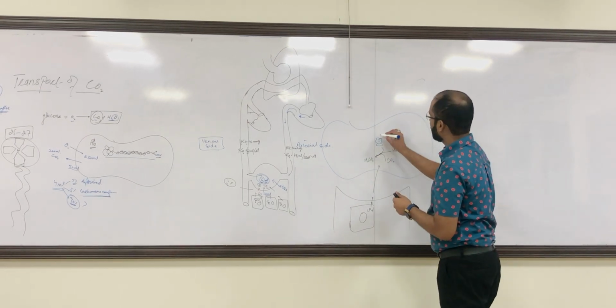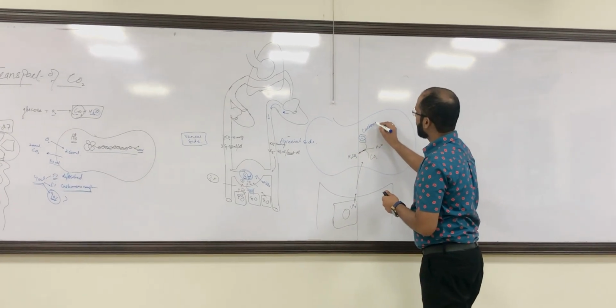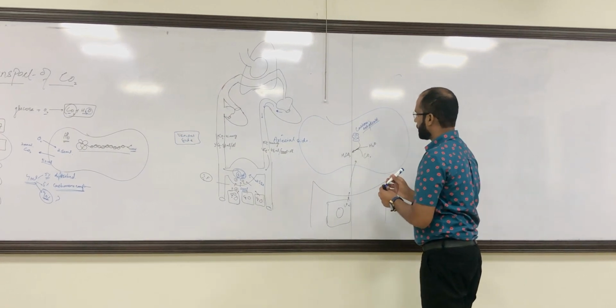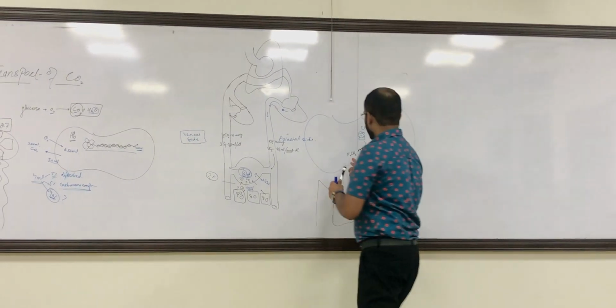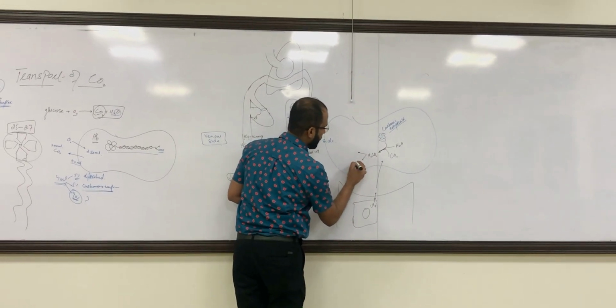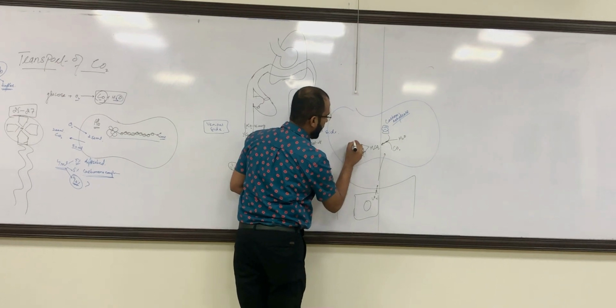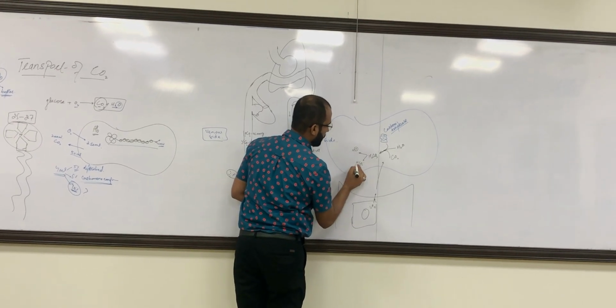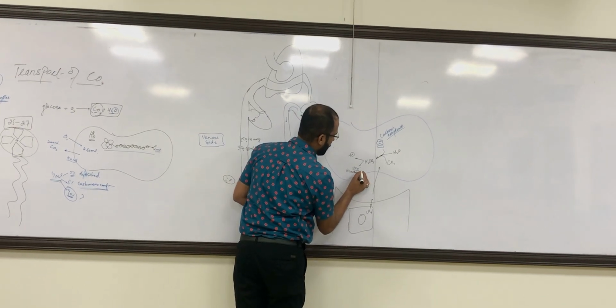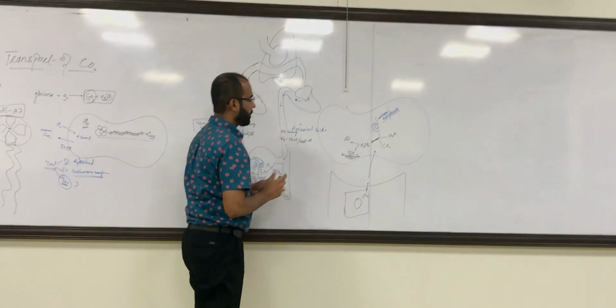This should be the carbonic anhydrase. After that, carbonic acid will split into HCO3 and protons. These are bicarbonates. Now listen very carefully.